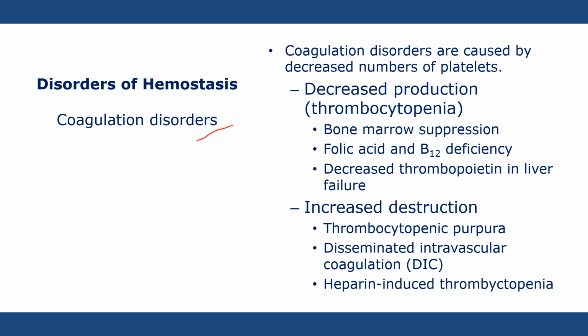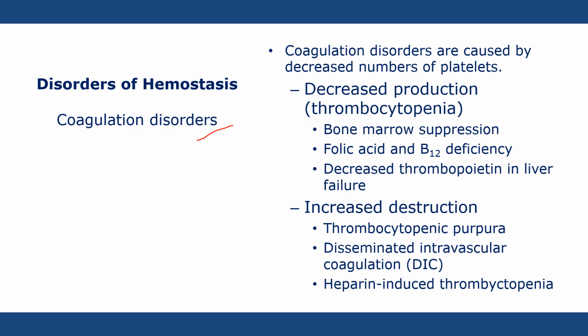Number one, decreased platelet levels. Number two, maybe increased INR, decreased clotting factors. Remember, we just talked about that we have to have clotting factors to make clots. And in the setting of liver disease, you have a decreased level of clotting factors to begin with.